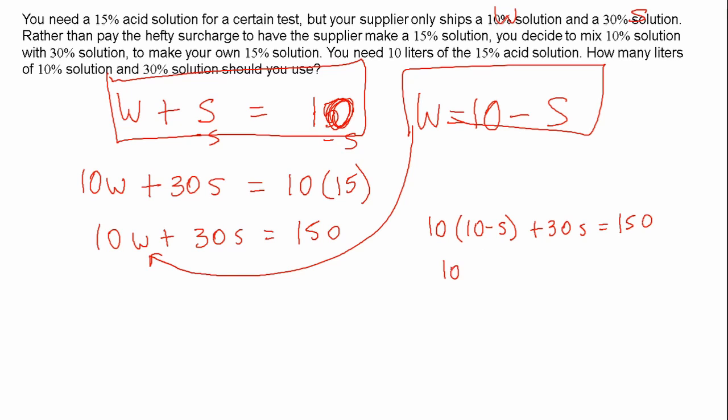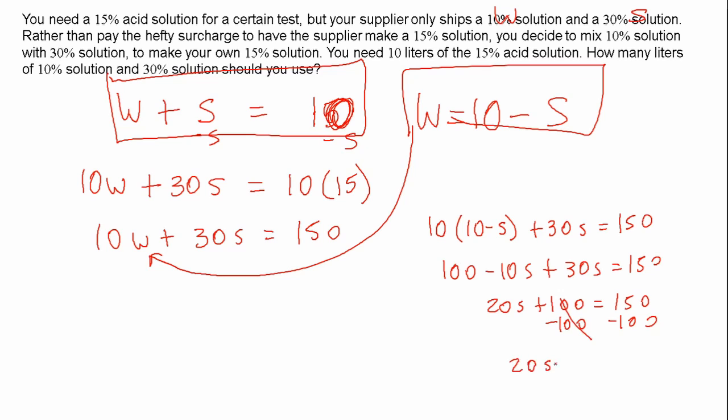10 times 10 is 100. 10 times negative S is negative 10S plus 30S equals 150. Let's combine like terms. Negative 10S and 30S is 20S plus 100 equals 150. Subtract 100 from both sides to get S by itself. This crosses out.